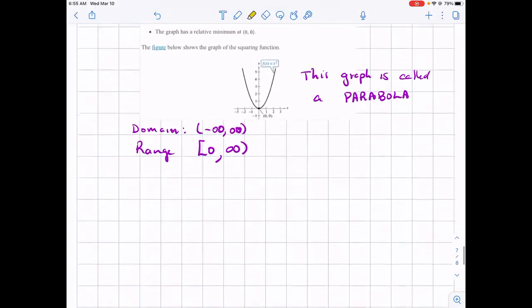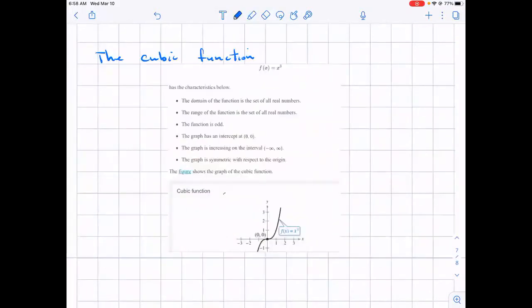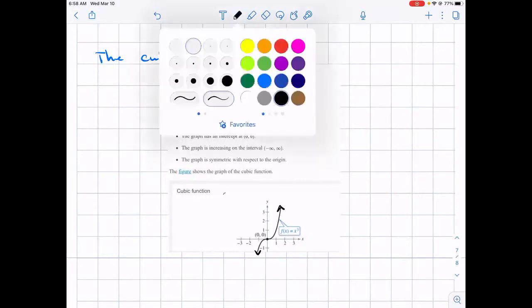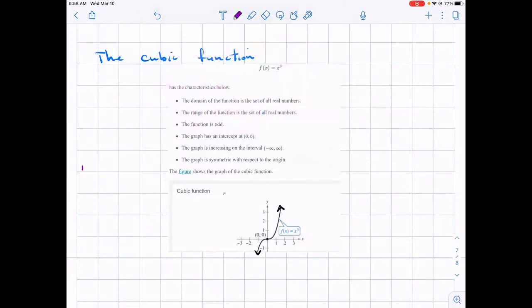We also have what is called the cubic function. The cubic function looks sort of like this here. Here we can say that the domain is from minus infinity to infinity, because it takes all x values.